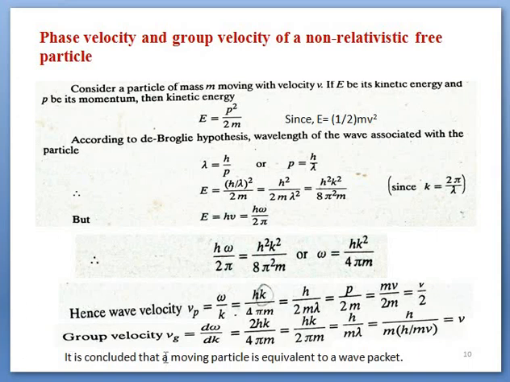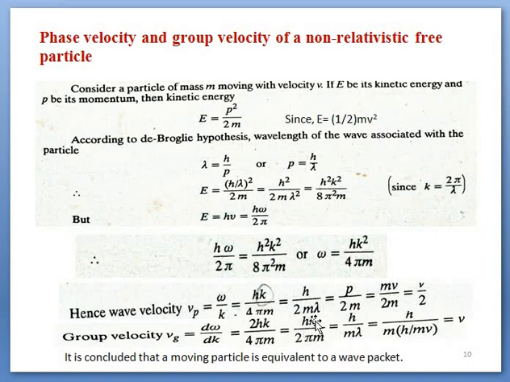Similarly, deriving Vg, we substitute omega and differentiate with respect to k. Here h upon 4 pi m are constants, kept outside, and differentiating k square gives 2k, so we have 2 h k upon 4 pi m, which is h k upon 2 pi m.